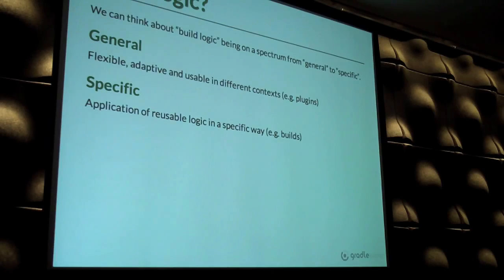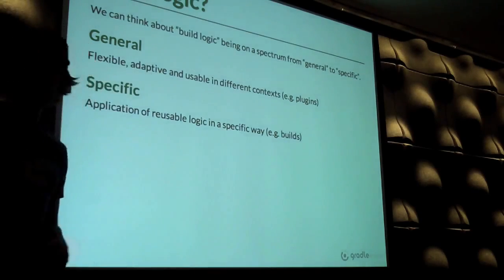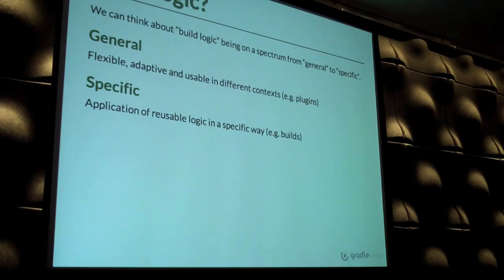So, general build logic: flexible, adaptable plugins, different bits that I can pull in and use, not necessarily designed to do a specific function in a specific build, but to be general, usable components that I can pull together. You see the plugins all the time, all this kind of stuff.